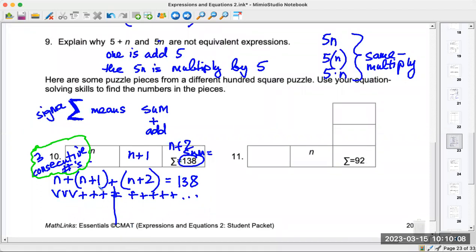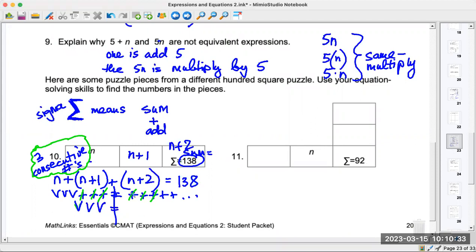Okay, the equal sign is our fulcrum, our scale. This is the left side, this is the right side. It has to balance out. This side has to equal that side. Notice we have the pluses. I can take these off on both sides, the same amount. So now all I have left is three variables, n equals, and how many of the number?